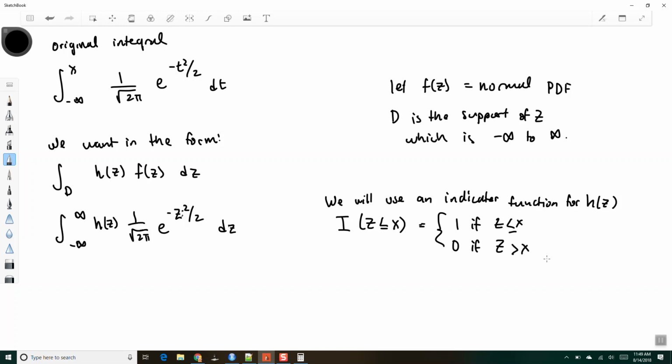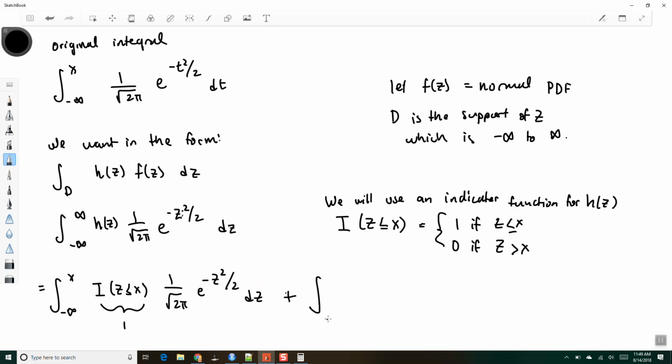And so this breaks it down into the integral from negative infinity to x of the indicator function, which is 1, times 1 over root 2 pi e to the negative z squared over 2 dz, plus the integral from x to infinity of the indicator function, which is going to be 0, times 1 over root 2 pi e to the negative z squared over 2 dz.